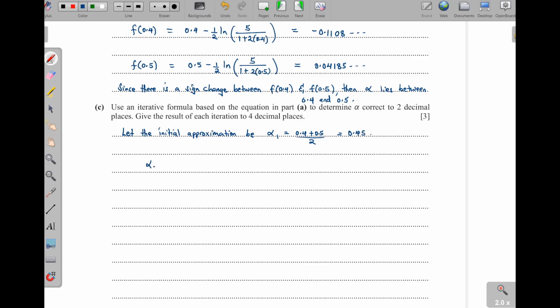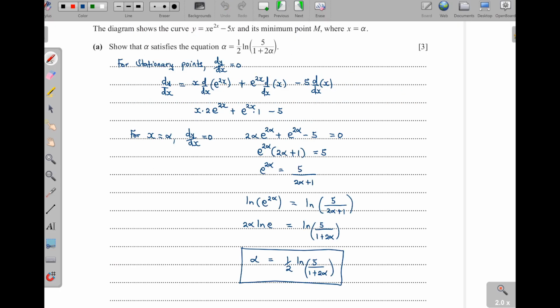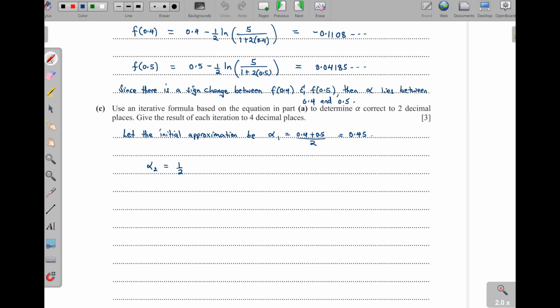Now alpha 2, that is the next one, then it will be equal to a half this equation they gave us here. Okay, here, so a half, then the natural log of 5, then out of 1 plus 2 times this one I've gotten here, which is 0.45.